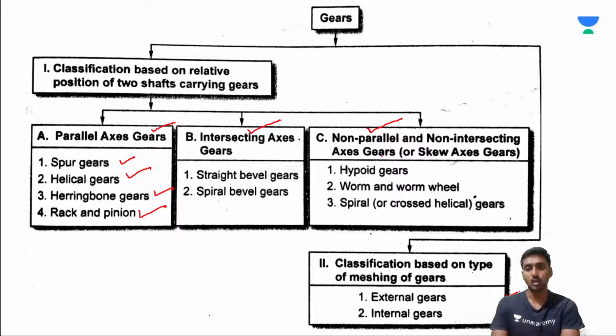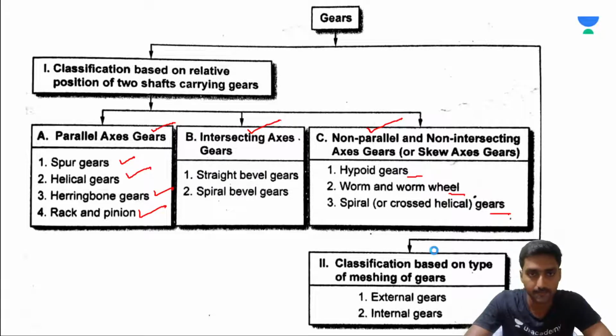Non-parallel and non-intersecting axis gears are skewed axis gears: hypoid gears, worm and worm wheel, spiral or crossed helical gears. In the classification based on the type of meshing, there are two types, external gears as well as internal gears, right?